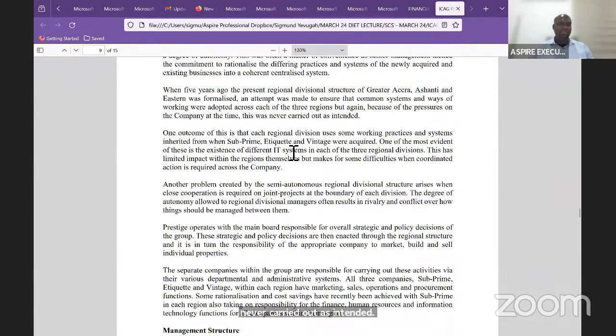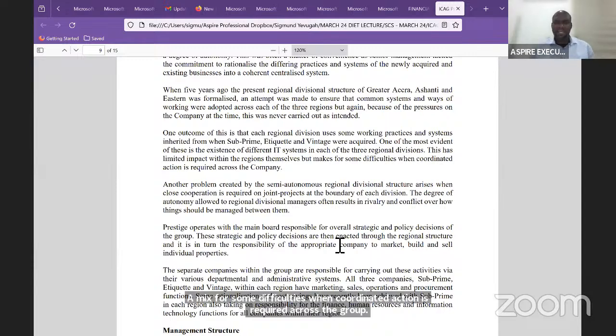The outcome of this is that each regional division uses their own working practices and systems inherited from the various companies they have acquired. So one of the most evident of this is the existence of different IT departments in all the 3 regions. This has limited impact within the regions themselves, but makes for some difficulties when coordinated action is required across the group.